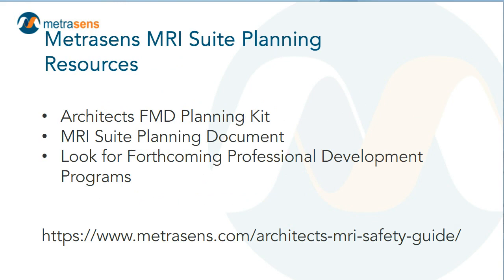There are resources. Metrasens offers resources. There is an Architect's Ferromagnetic Detection Planning Kit, a suite planning document, and as I said at the outset, look for forthcoming professional development programs that will explore some of the subjects we've touched on today in greater detail.